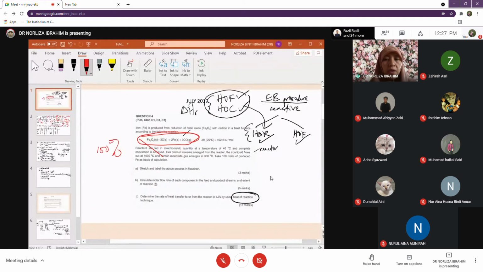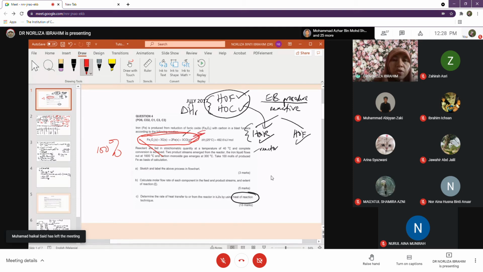Because as I mentioned, the product of the reaction is iron solid, but the product of the reactor is iron liquid. So my reference state must be the reactant and product of the reaction, not the reactor. So I should refer to the reaction for my reference state.